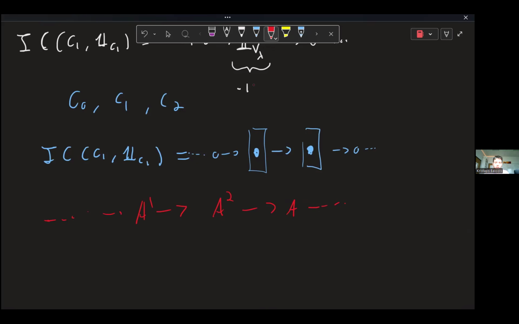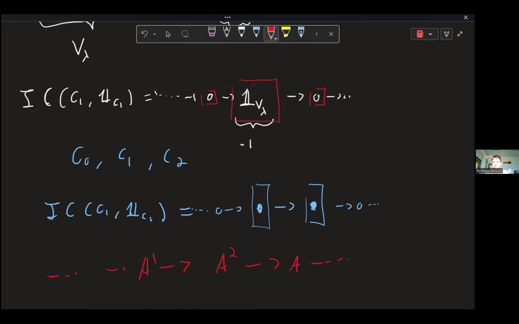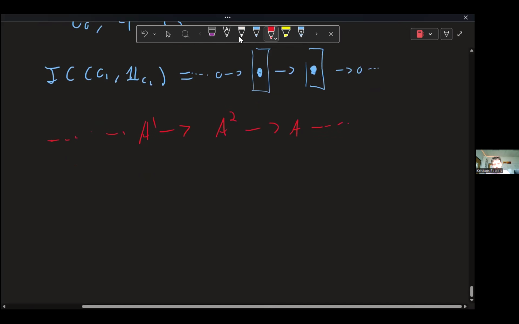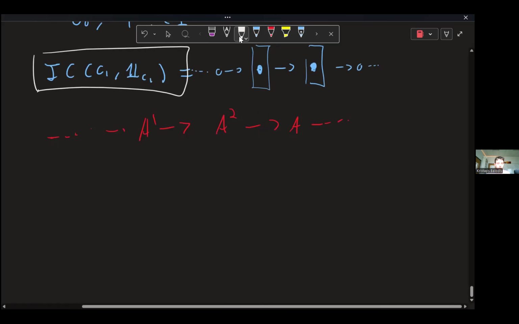So I've really been lying a tiny little bit by saying all of these things are literally zero, and the thing in the middle is literally this sheaf. What it really is, in this example, is that there are two values of the cohomology of this complex.